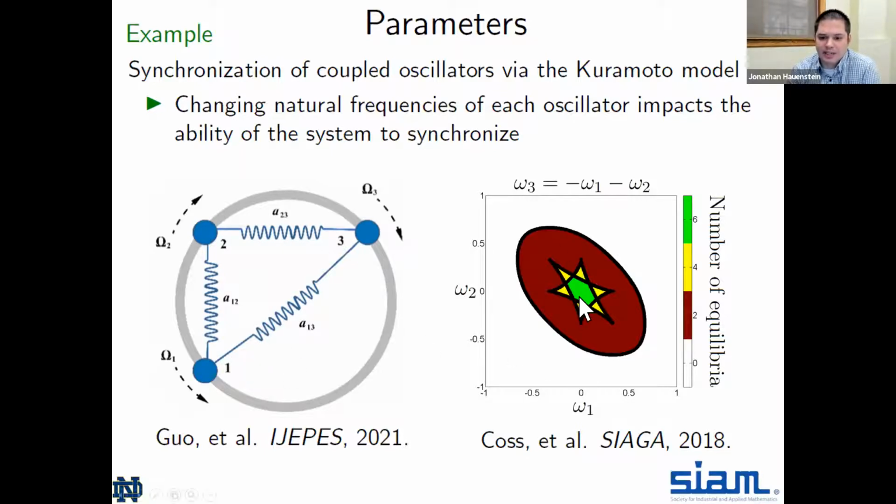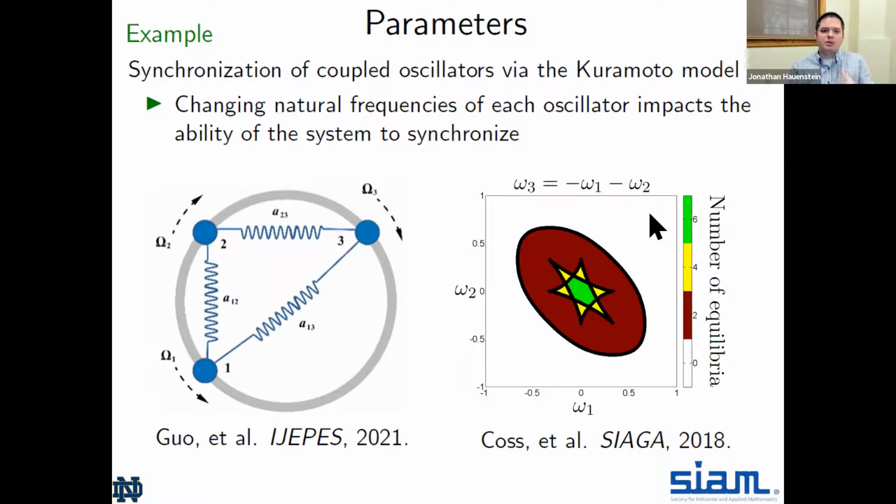The plot over here is a plot of these natural frequencies and the number of equilibria. If the natural frequency is really small, so close to zero, then there's lots of different ways that it can synchronize. But as you start changing how fast these move around the circle, you get less and less ability to synchronize, and eventually there are no ways to synchronize the system.